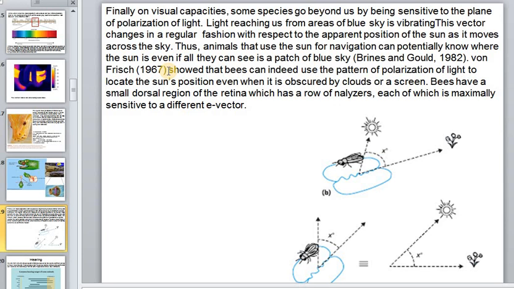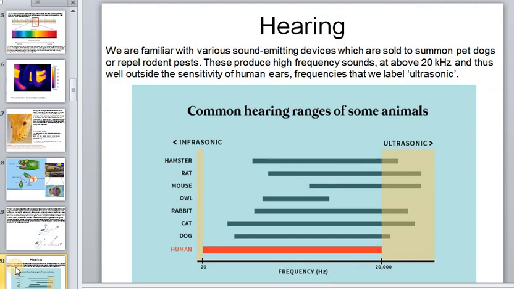Bees have a small dorsal region on the retina which has a row of analyzers, each of which is maximally sensitive to different E vector orientations. And even these bees use the vector for speaking with each other, in contact with each other.